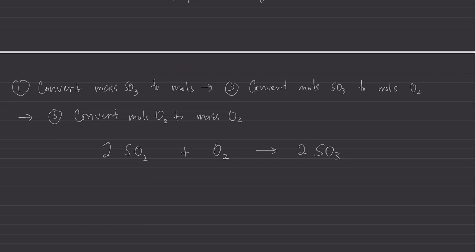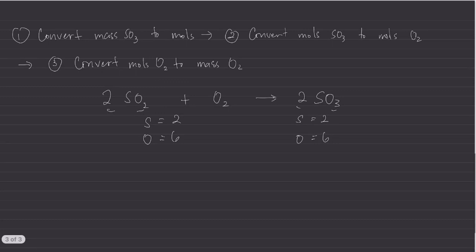So, by that, I mean kung balanced ba. So, sa reactant side, yung number of sulfur natin is 2. Yung O naman is 2 times 2 is equals to 4, and then plus 2 is equals to 6. And then sa product side, S natin is equals to 2, and then O natin is equals to 2 times 3 is equals to 6. So, balance siya. So, we're good.